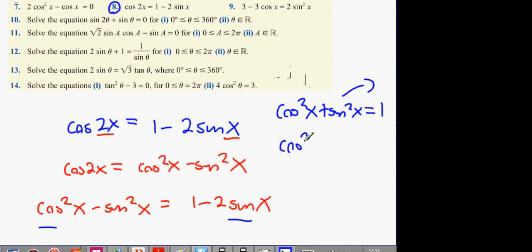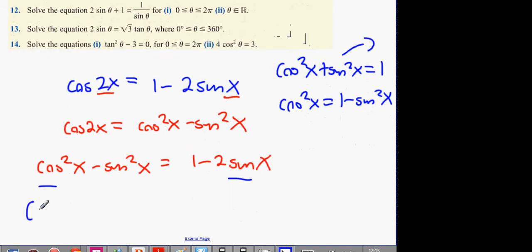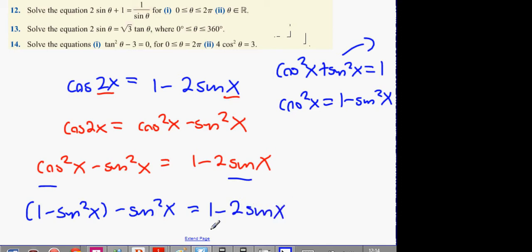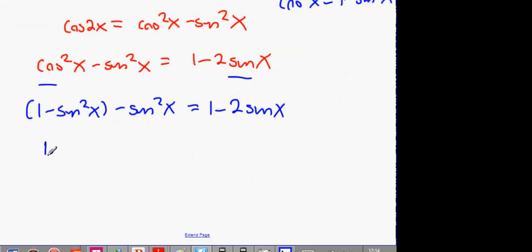Cos squared x therefore is 1 minus sine squared x. When I replace cos squared x with 1 minus sine squared x, you'll now notice that the only trigonometric function I'll have left is sine x. We're going to get 1 minus 2 sine squared x equals 1 minus 2 sine x.